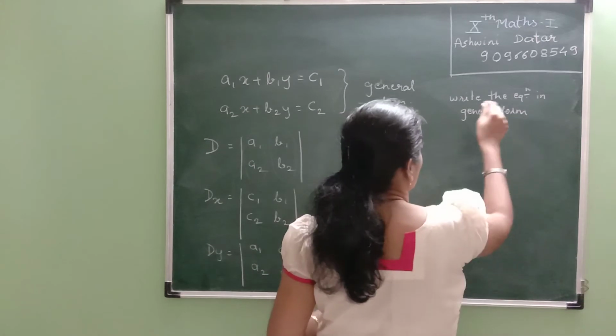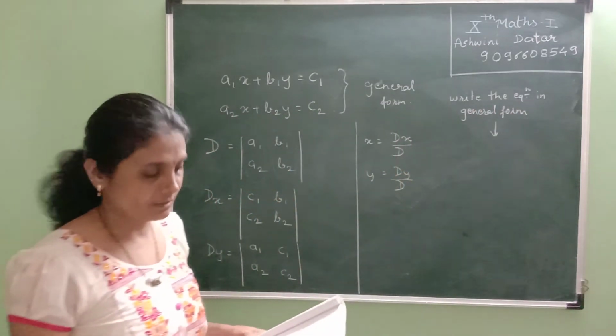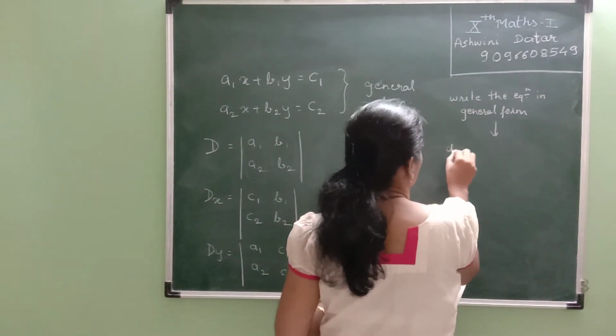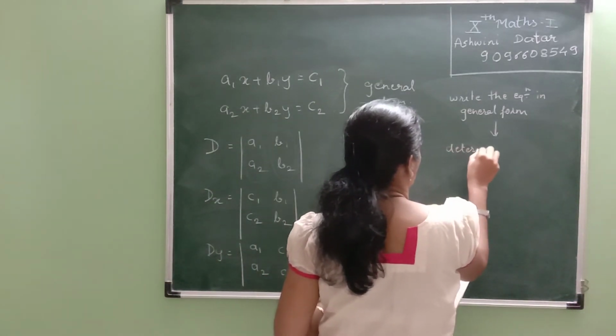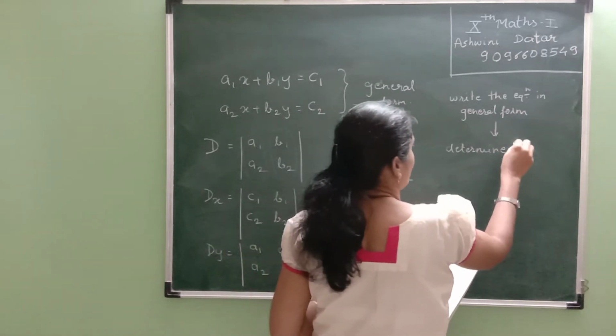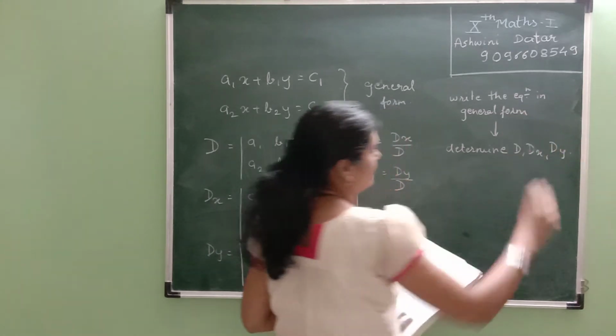So the first step is to write the given equations in general form. Then find the values of what all you will have to determine: D, Dx and Dy.